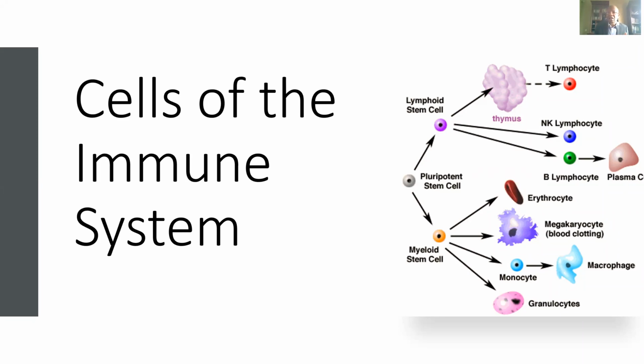Within the myeloid pathway, all the other cells which you know of, like red blood cells, platelets, macrophages, neutrophils, basophils, eosinophils, and monocytes, will originate from the myeloid stem cells. So it's important to know that's how the cells originate.